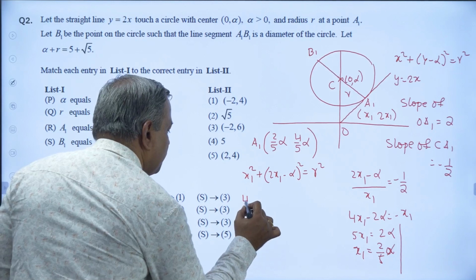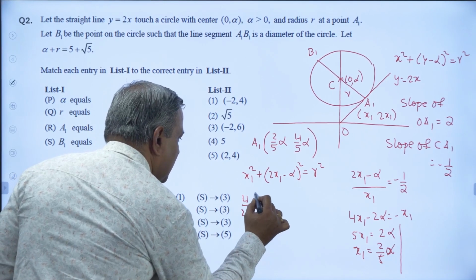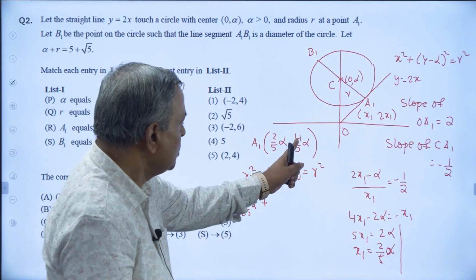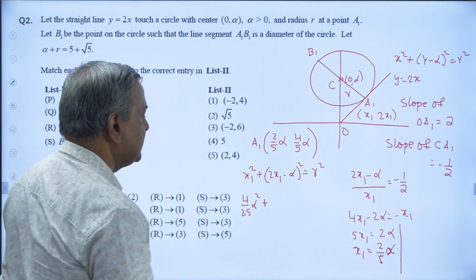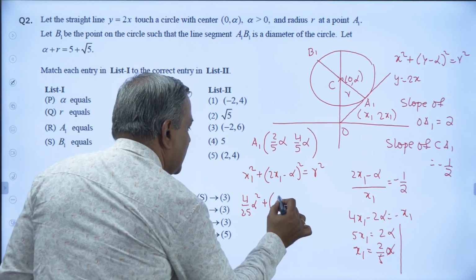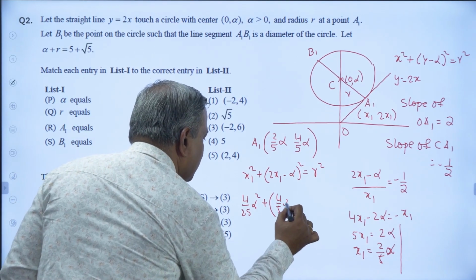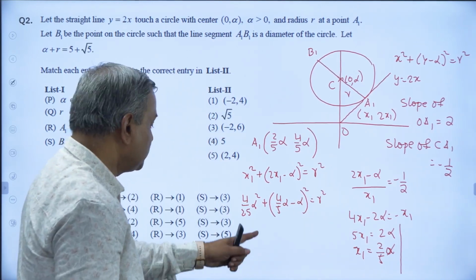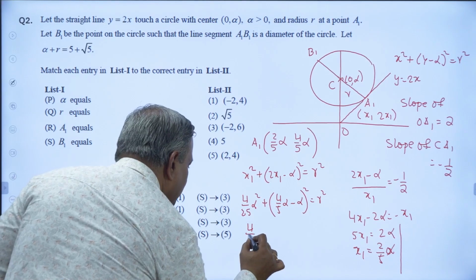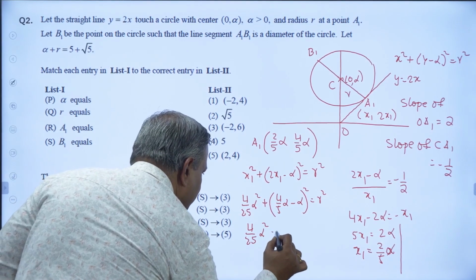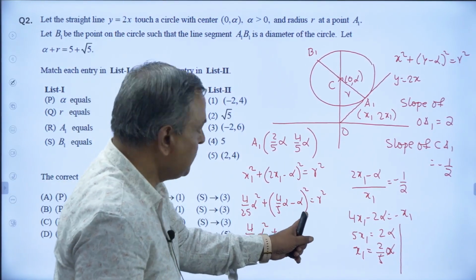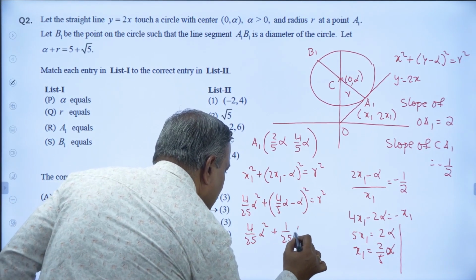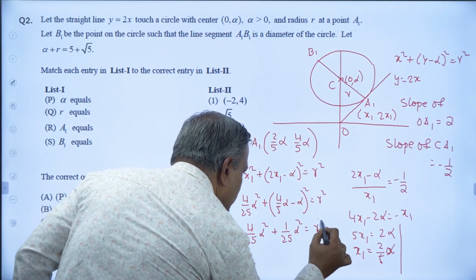x1 square is 4 by 25 alpha square, plus 2x1, which is 4 by 5 alpha, minus alpha whole square, equal to r square. So this will give you 4 by 25 alpha square plus minus 1 by 5 alpha, means 1 by 25 alpha square, is equal to r square.